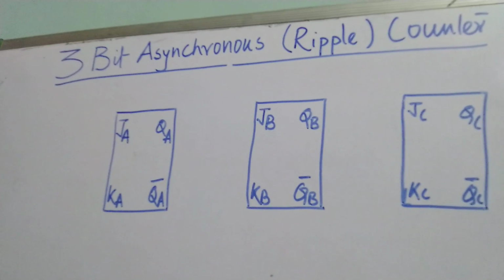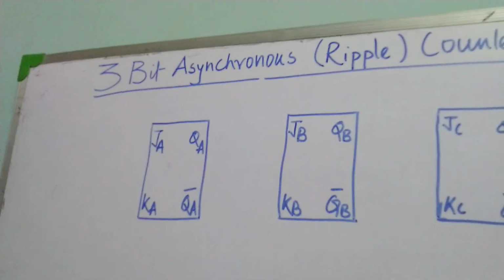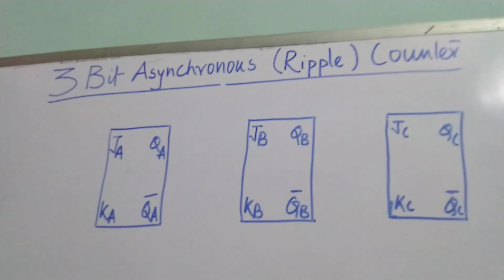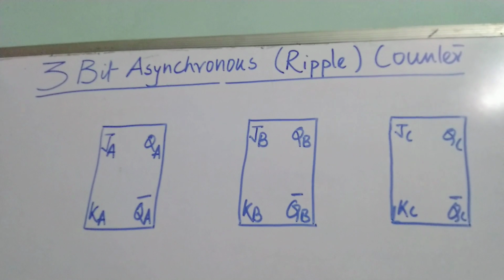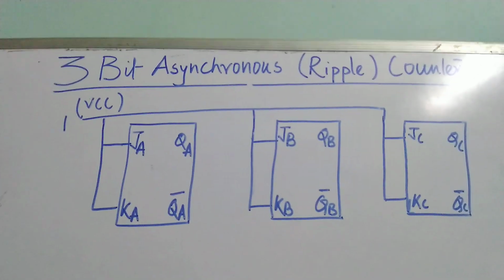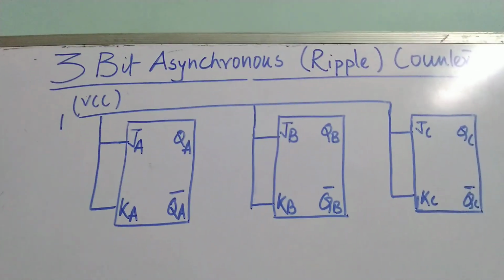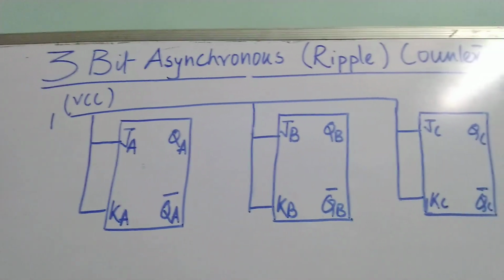Here we have chosen JK flip-flops. So 3 flip-flops are here. All the flip-flop inputs J and K are 1. Here we are providing 1 to all the inputs of all the flip-flops.